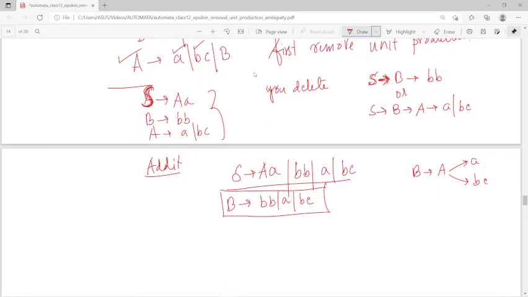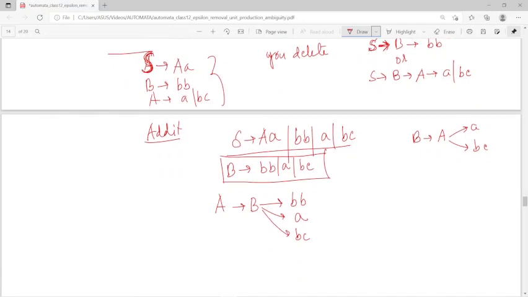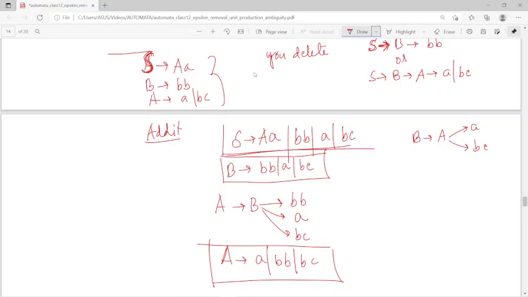So from B we can go to bb, or a, or bc. If you want to remove this rule, from A, this is A, either bb, either bc. So the total rules are these three. That means we are eliminating the unit productions, and after eliminating them we are getting these three rules, right?